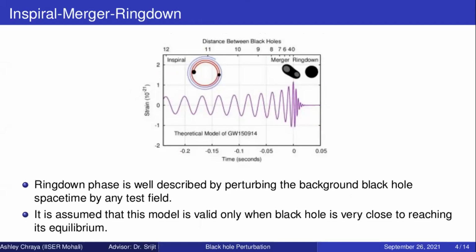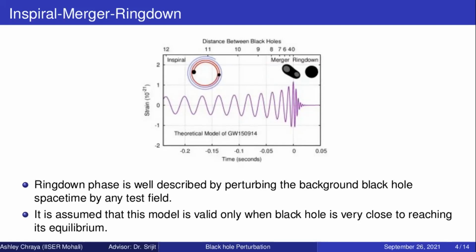Because let us assume that we have a black hole, and now it is very unstable and it is giving its gravitational wave radiation. Just at its last phase, when it is giving the gravitational waves to become stable, we can model this black hole just like that. It is a stable black hole, and in that background we are perturbing that space-time with any test field.